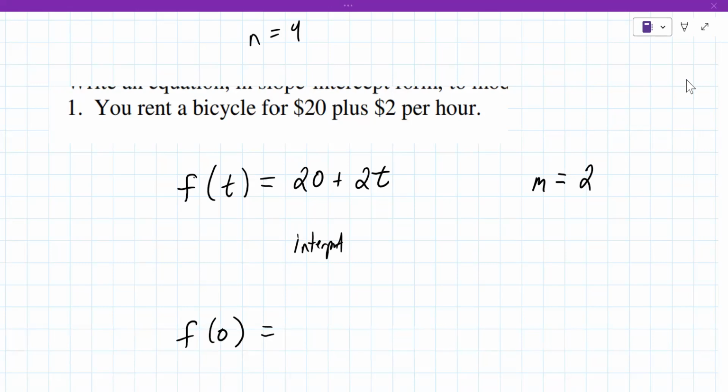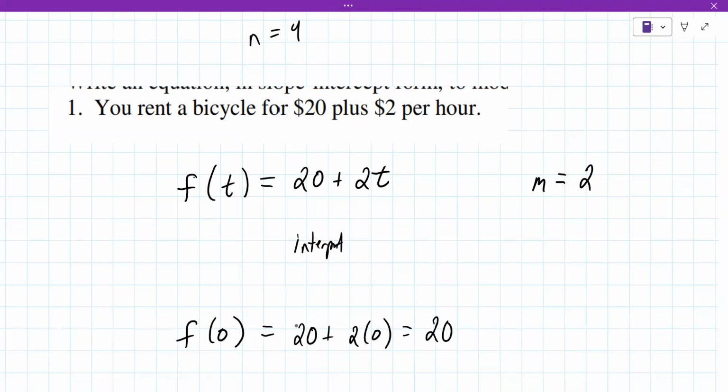Is it the same thing we just did? f of 0? Putting 0 in for the variable. You're putting 0 in for the variable t. Oh, you're doing 20 plus 2 times 0? Yes. Okay, which is 20.